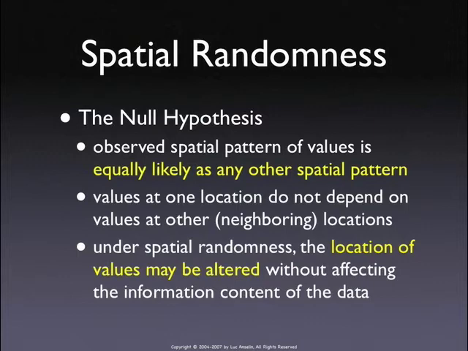So it's not the locations themselves, but it's what we observe at those locations. So it's not the coordinates of the centroid of the county, but it's the income of the county or the rainfall in the county that we are interested in. How is the patterning of those values? Is this spatially random? What does that mean? Well, it means that any pattern is equally likely as any other pattern.